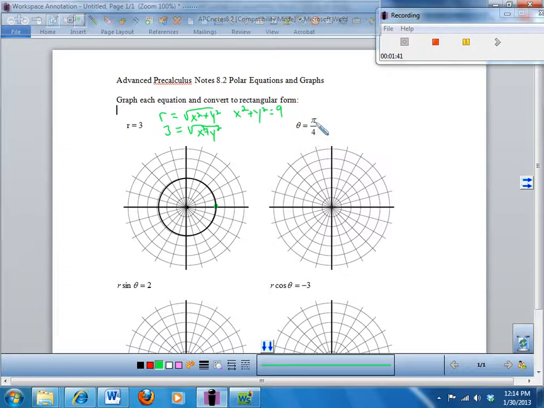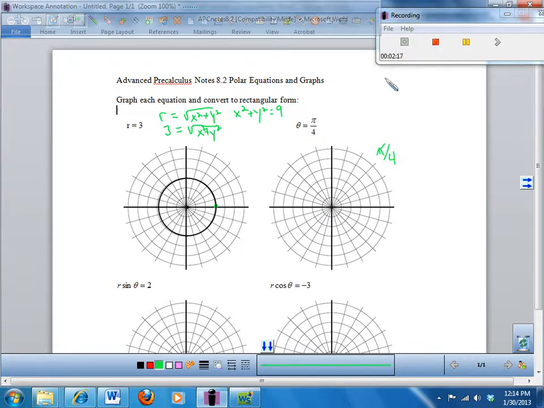Okay, next one, and you should have this note sheet in front of you. Theta equals pi over 4. So what that means is that the angle, no matter what the radius is, is pi over 4. And so if I were to go on my polar graph, remember this was pi over 3, this was pi over 4. Okay?